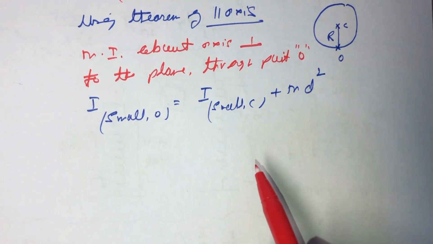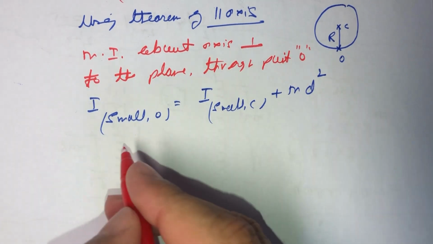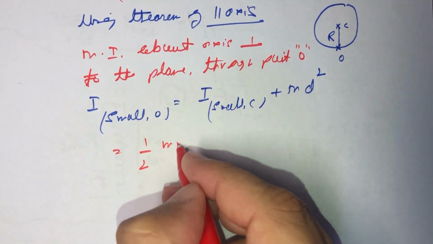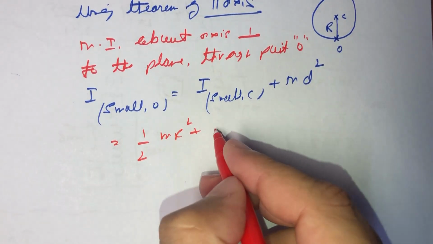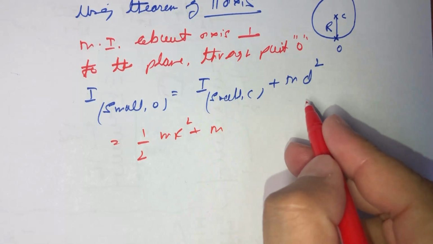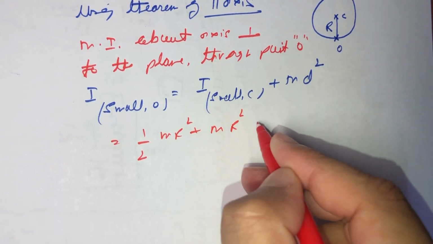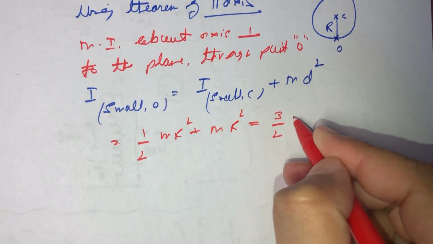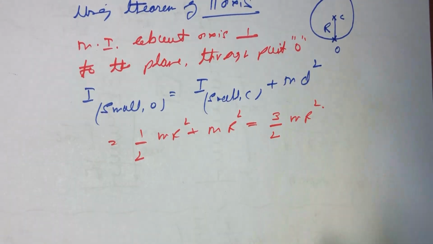So I small we already know is half mr square, so we get half mr square. Mass is given as small m, and the distance between is r, so this is r square. So we are going to get this as 3/2 mr square.